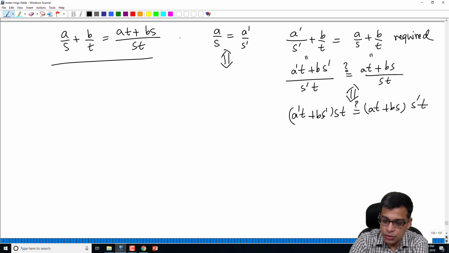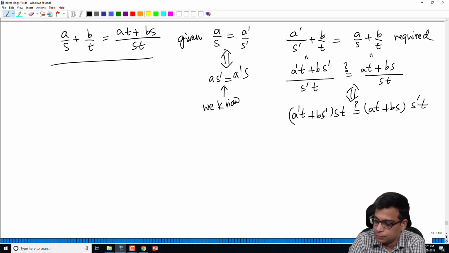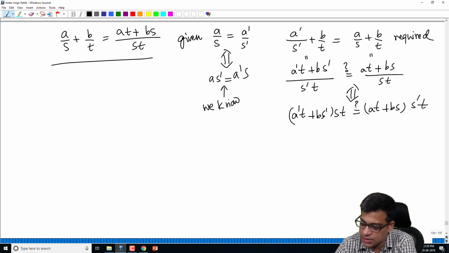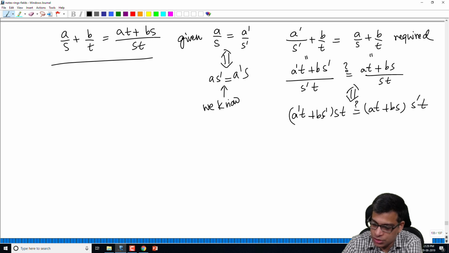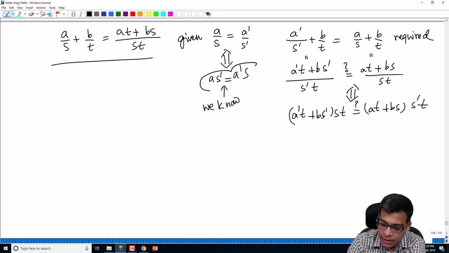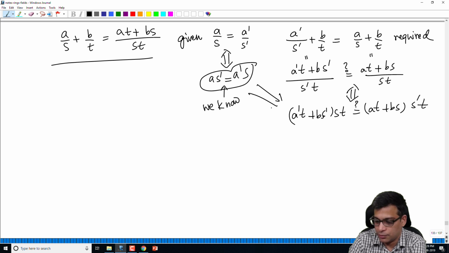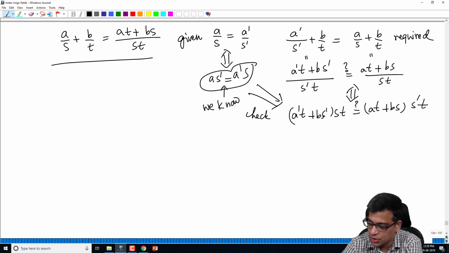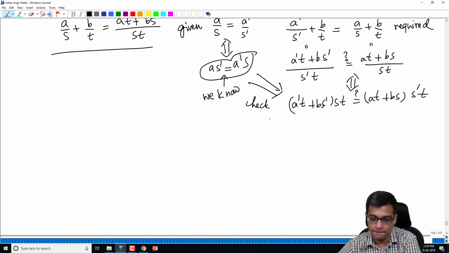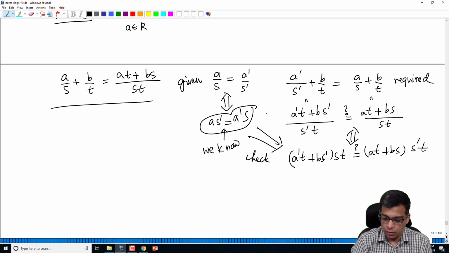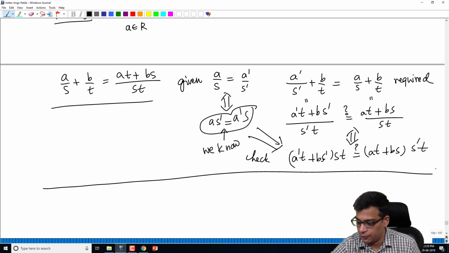That means AS prime equals A prime S. So this we know. And now you can just expand this out and you see that using this fact we can get this fact. So you check this. All you need to do is multiply this out and cancel some common terms and you will get what you want. So that I will leave you to check. So this shows that it's well defined.